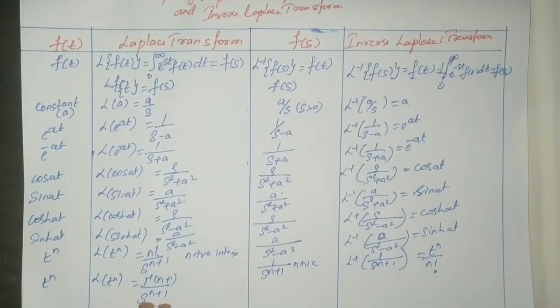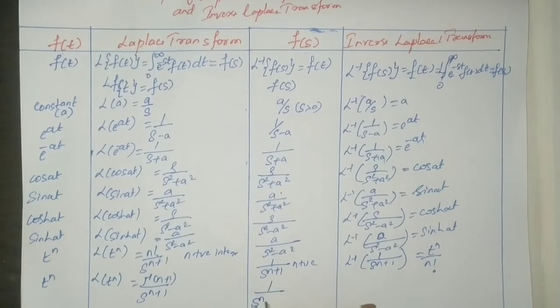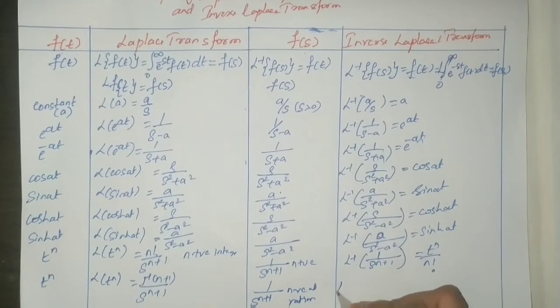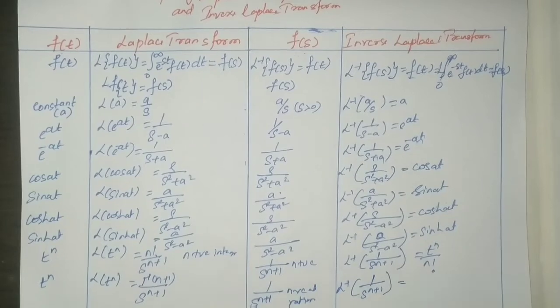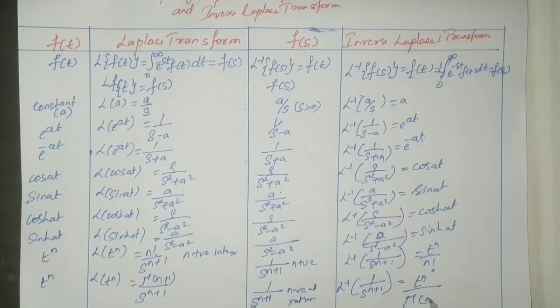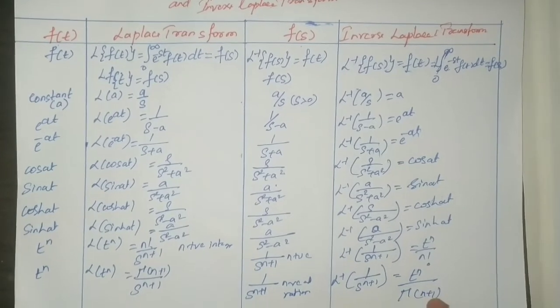That's it. Similarly, if you have 1 by S power n plus 1, same, but in this case the value of n will be negative or rational. In that case L inverse of 1 by S power n plus 1 will be, shift this gamma of n plus 1 to the denominator, so t to the power n by gamma of n plus 1.